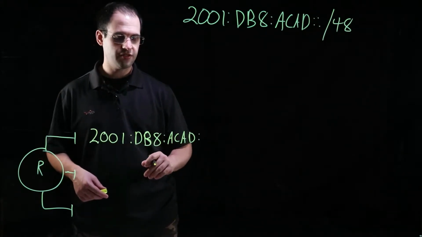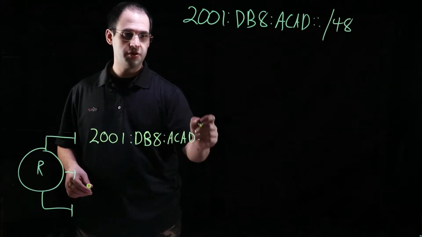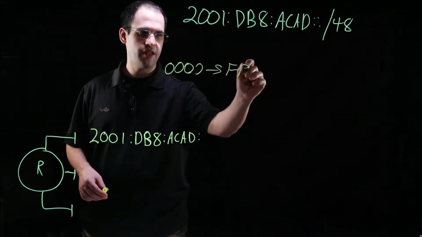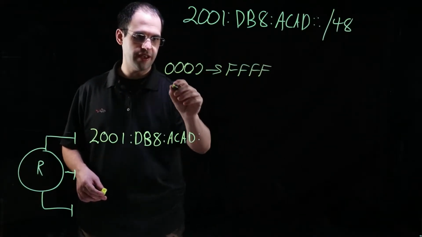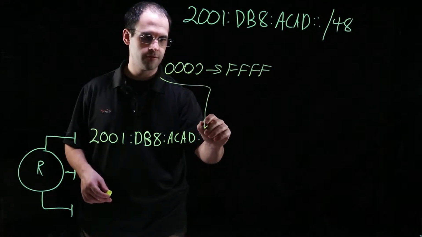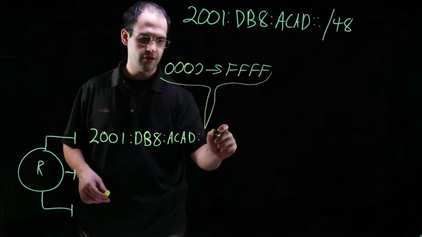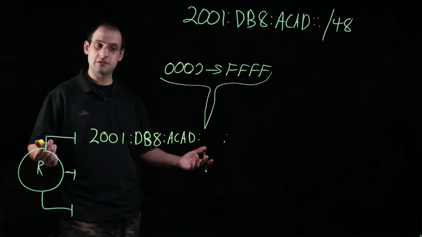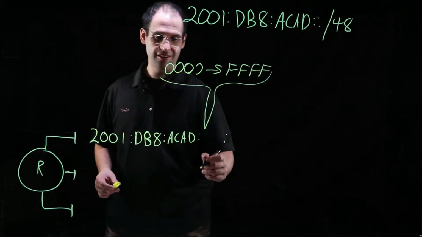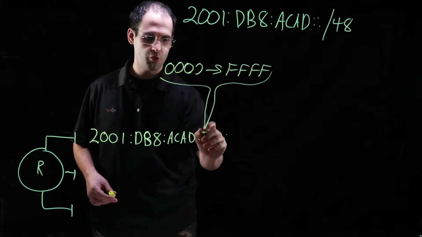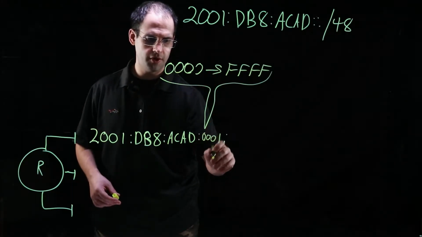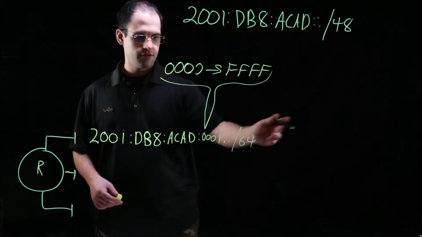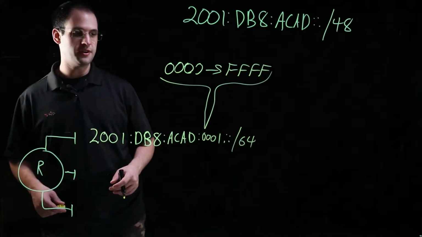But for our case here, we can use any combination from 0000 all the way up to FFFF inside of this subnetting ID. So a valid value here would be 0001, with a /64 for whatever I assign for my different IDs on my network.